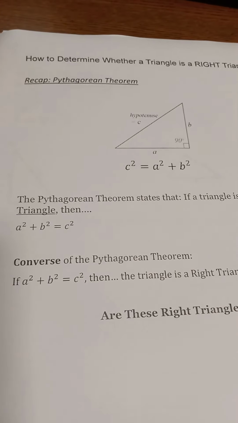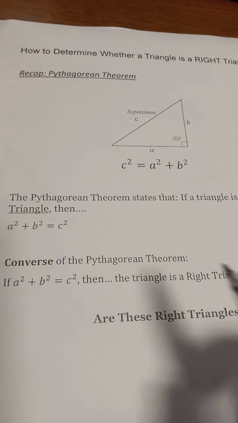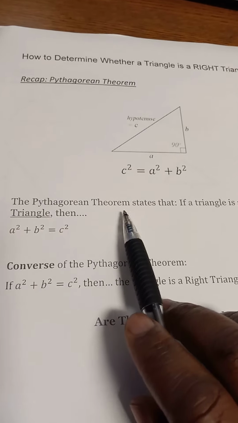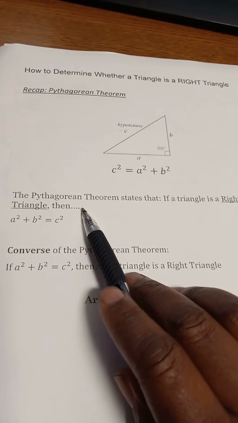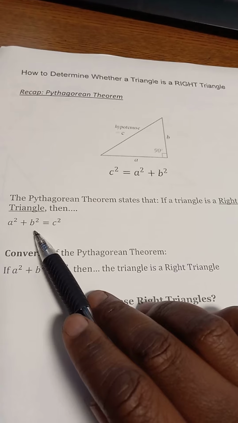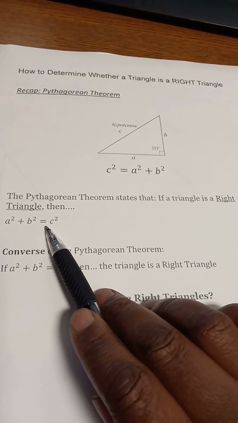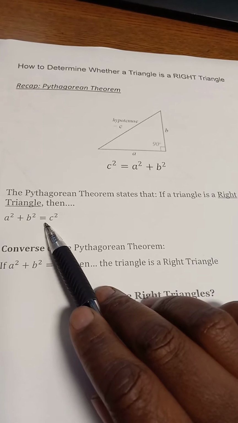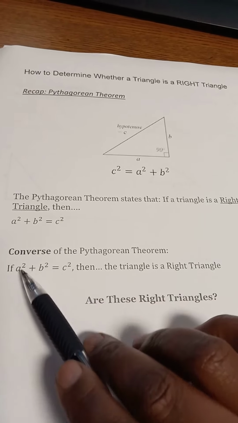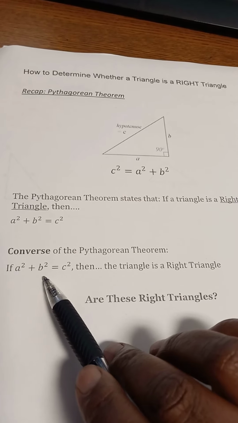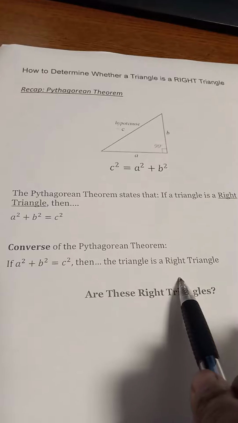The converse is formed by switching the hypothesis and the conclusion. The Pythagorean Theorem says if a triangle is a right triangle, then A squared plus B squared is C squared. Now the converse is formed by switching the hypothesis and the conclusion, so it says if A squared plus B squared is C squared, then the triangle is a right triangle.